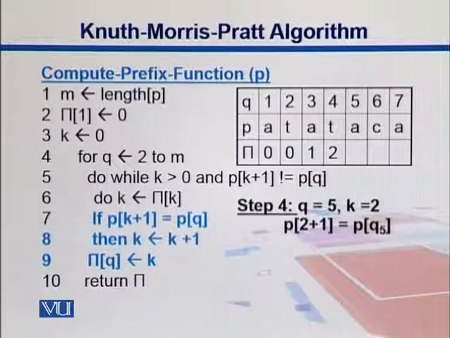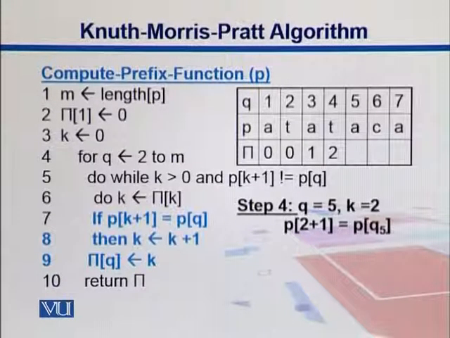But P of K plus 1, that was P of 3, we have the nucleotide A, and we are comparing with P of Q. Was that not equal to as per 5? No. So we won't go there. Is it equal to? At position number 5, we have A, and at position number 3, we have A. So yes, it is equal to.